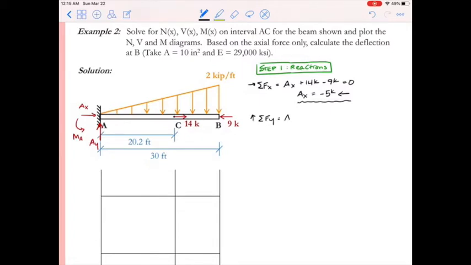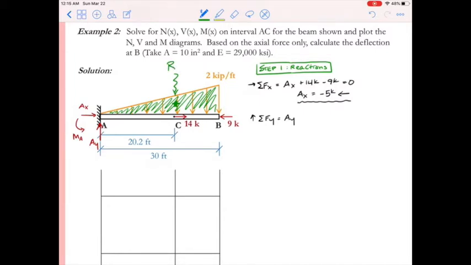So this will give us AY. And now we have to take into account this distributed load. If we recall from statics, we would come up with a statically equivalent force whenever we had distributed loads. That statically equivalent resultant force was applied through the center of gravity of whatever distributed load shape we have.